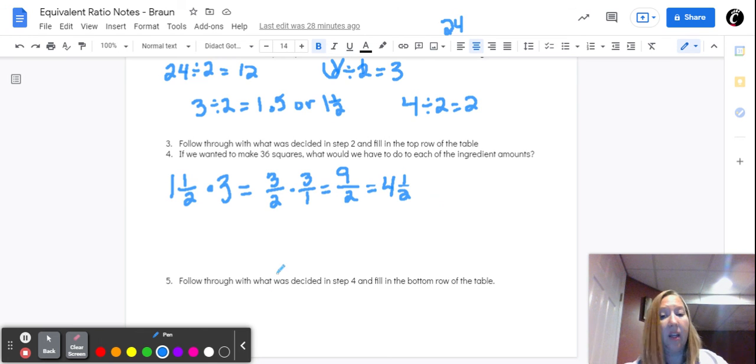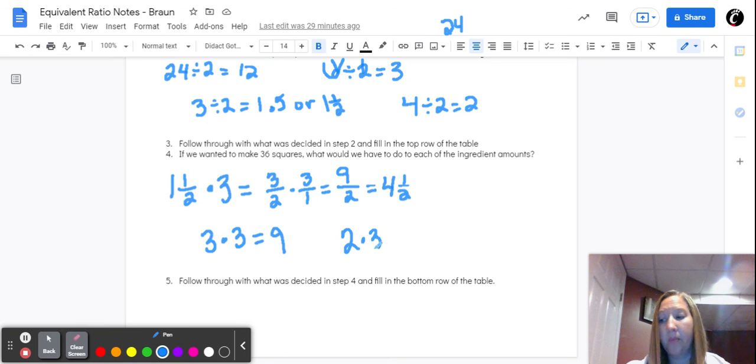Now, when we were looking at our table for cereal, we know that for 12 Rice Krispie squares, we needed 3 cups of cereal. So again, we want to multiply by 3. So 3 times 3 is going to give us 9 cups of cereal, and we needed 2 cups of marshmallows.